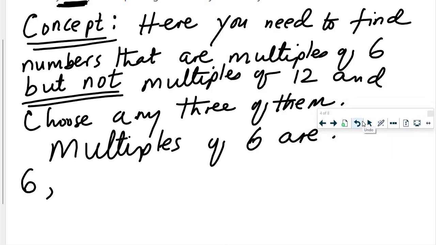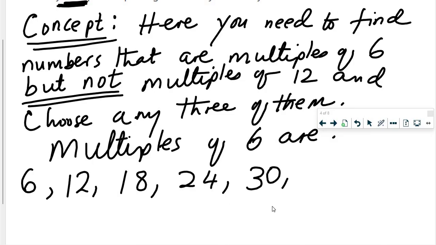So multiples of 6 are 6, 12. Add 6, 18. Add 6, 24. Add 6, 30. Add 6, 36. Add 6 to 36, 42.